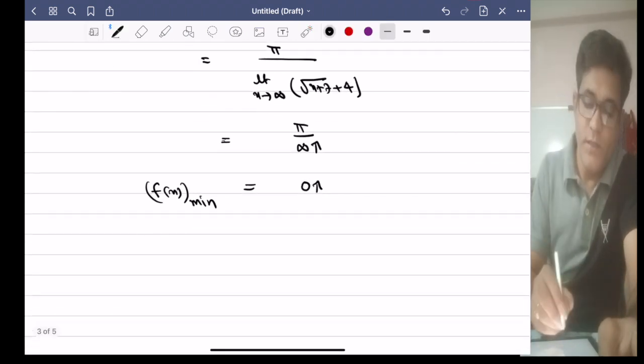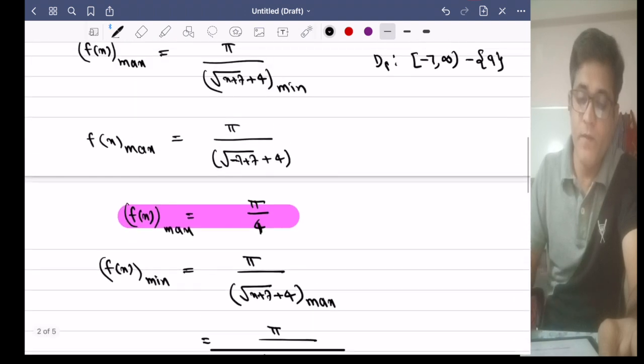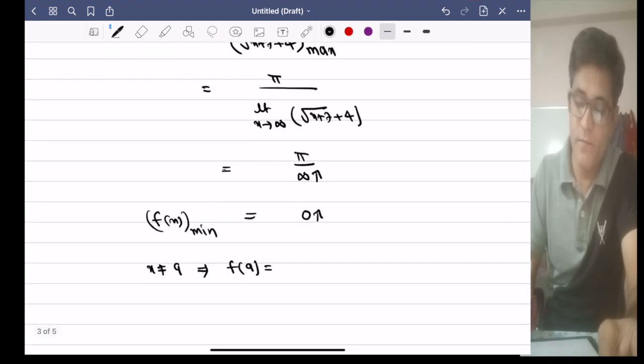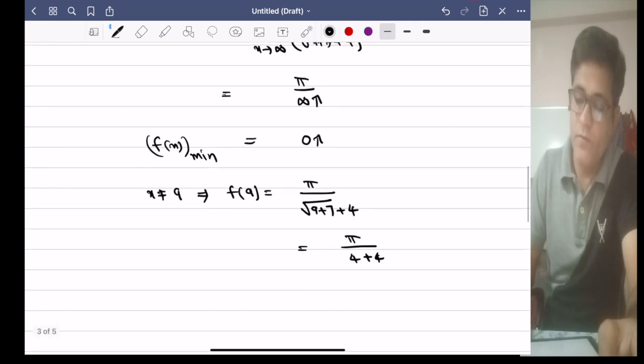So f of 9 is equal to pi over square root of 9 plus 7 plus 4, that is pi over 16, that is 4 plus 4, that is pi by 8.